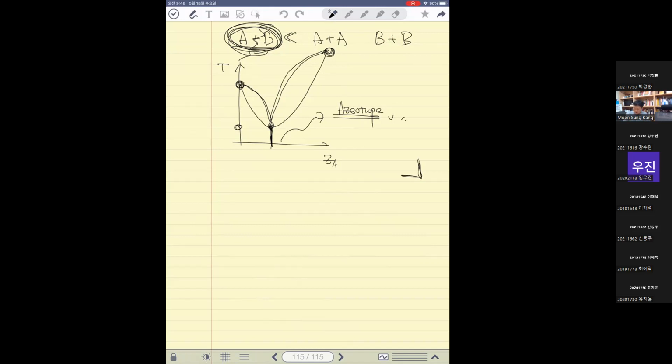That's the end of one topic, and let's move on to the second topic. Now we're going to talk about liquid mixture. And now this mixture is partially miscible.